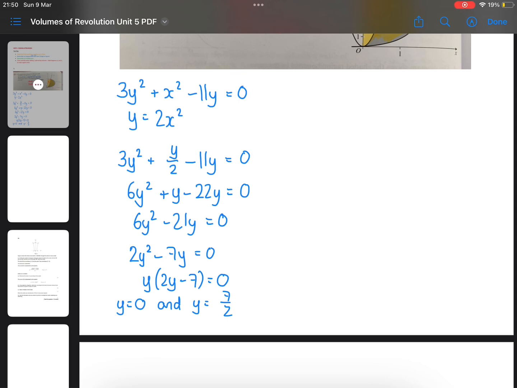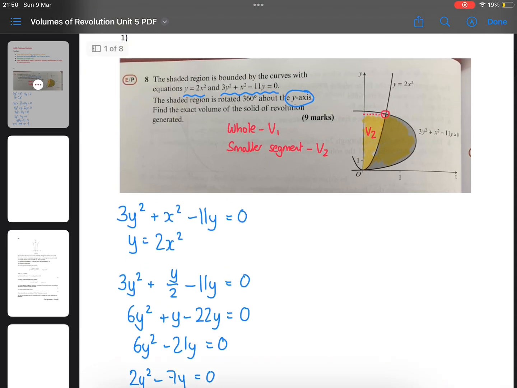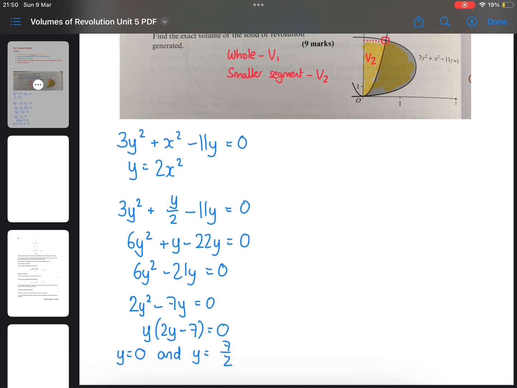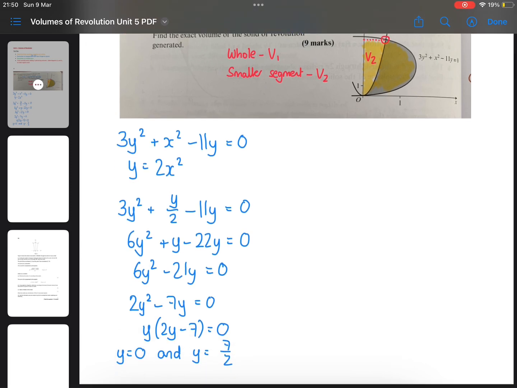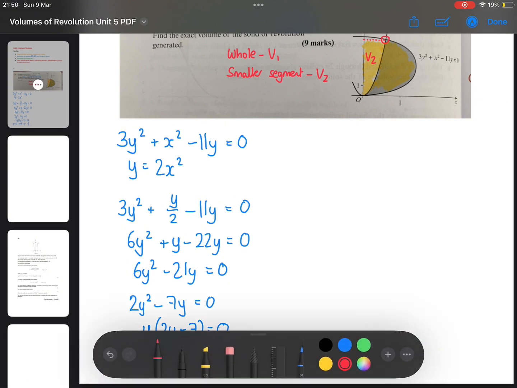So looking at the whole curve first, so looking at V1, we're looking for the volume of revolution under 3y squared plus x squared minus 11y between y equals 0 and y equals 7 over 2 when we revolve that about the y-axis. So for any y-axis rotation, the volume is going to be pi times the integral of x squared with respect to y, and with limits b and a.